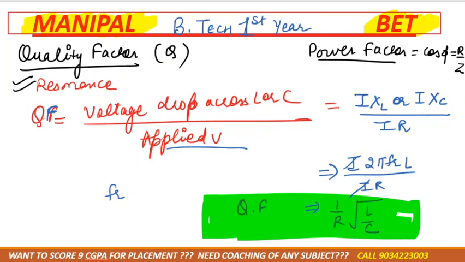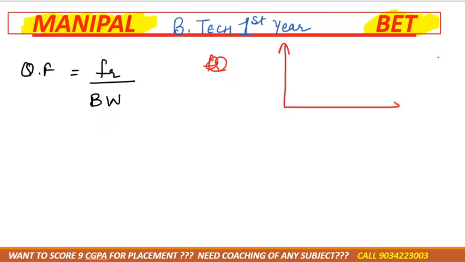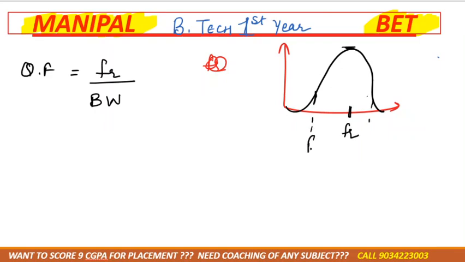After this we have another formula of quality factor. Quality factor is resonant frequency divided by bandwidth. Resonant frequency is FR. Bandwidth is basically, suppose we have a graph curve like this, where the current is maximum at the resonant frequency. There are two frequencies, omega 1 and omega 2.